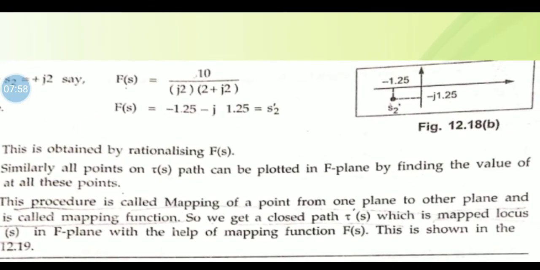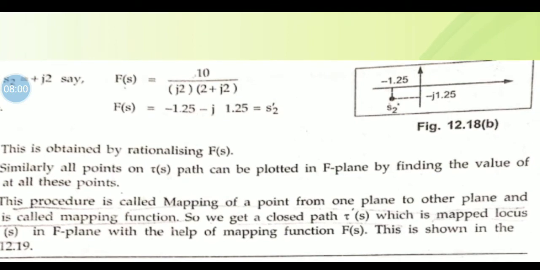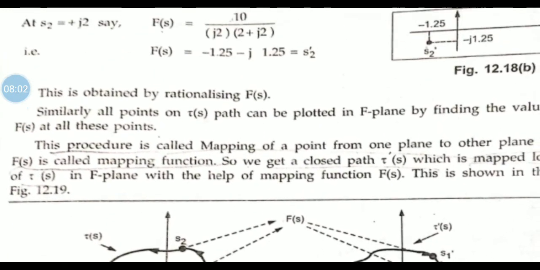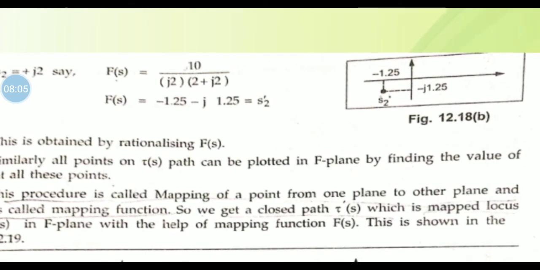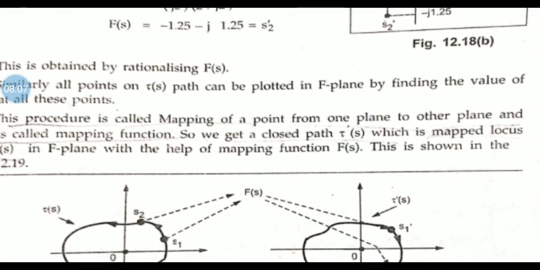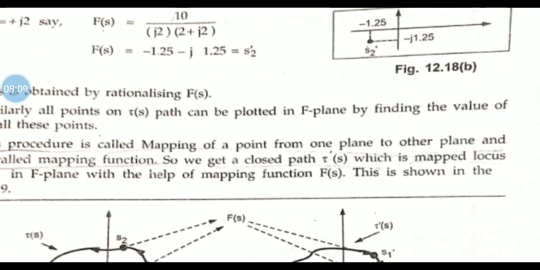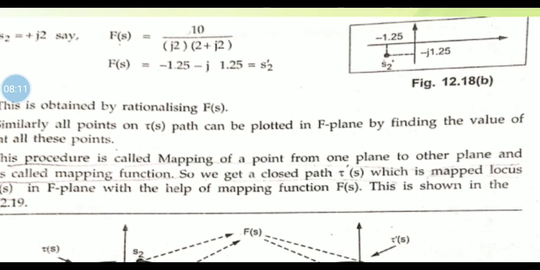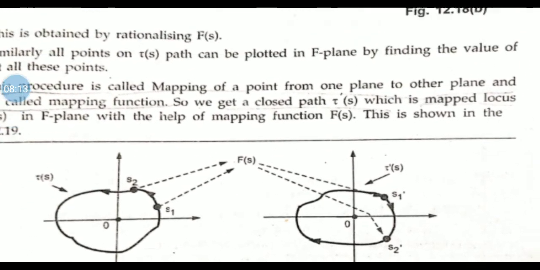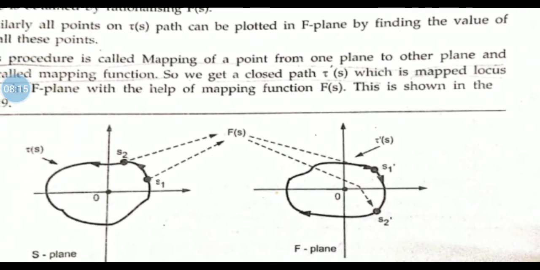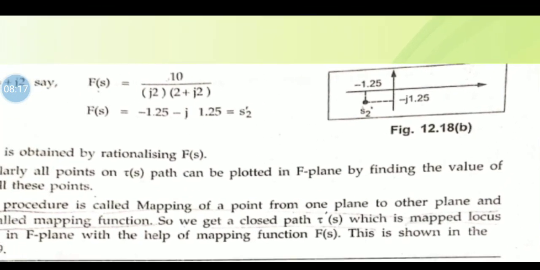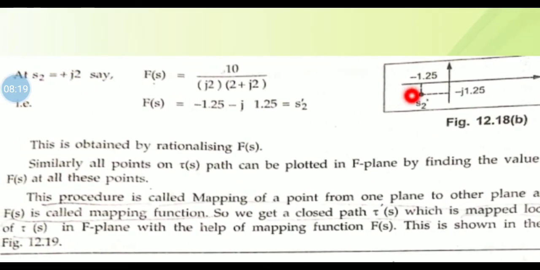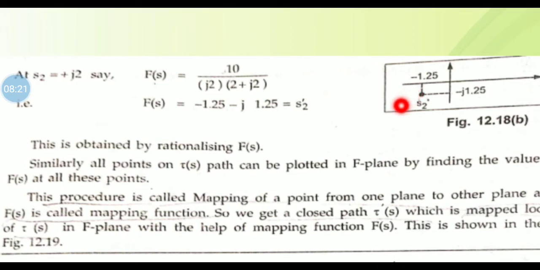So f(s) will become minus 1.25 minus j1.25, which has been shown here mapped into the F plane as s2 dash, minus 1.25 minus j1.25. This is obtained by rationalizing f(s).